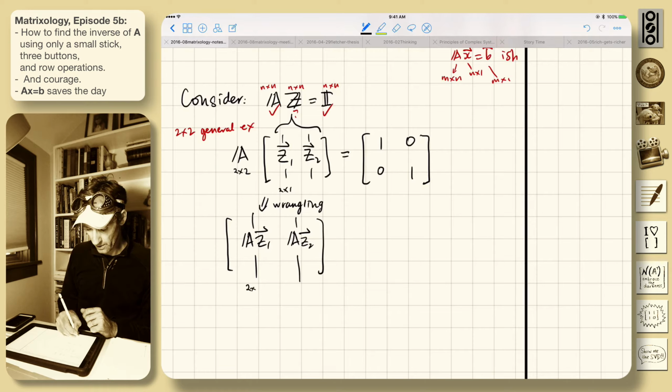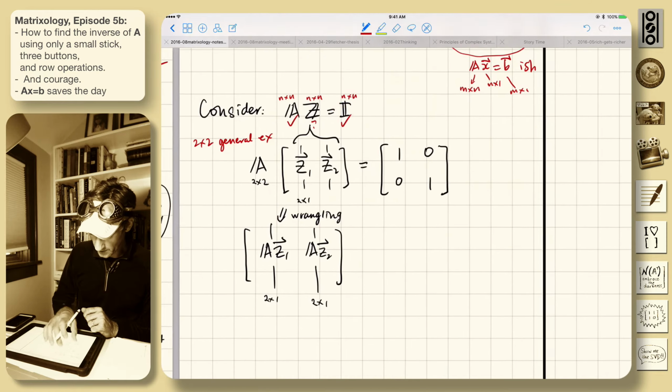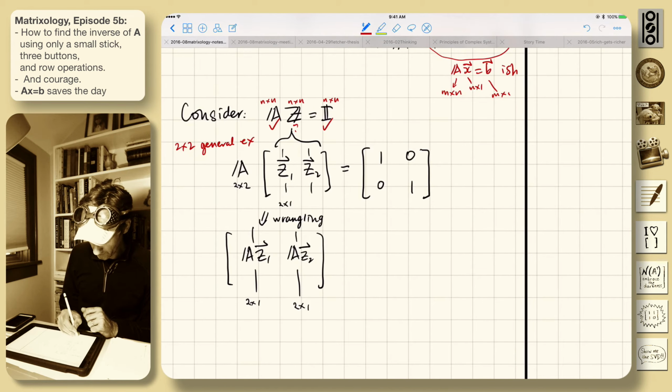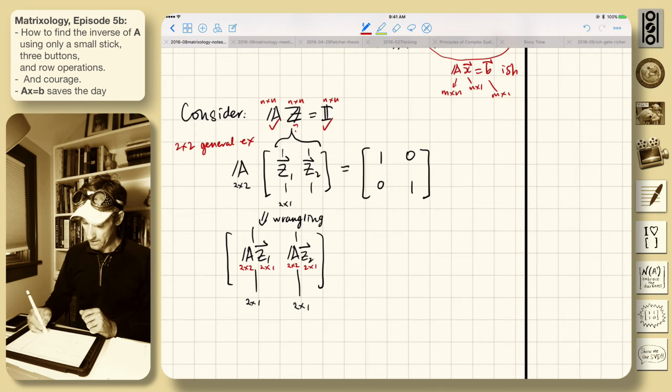Both of these are 2 by 1s, and this still equals the identity matrix.